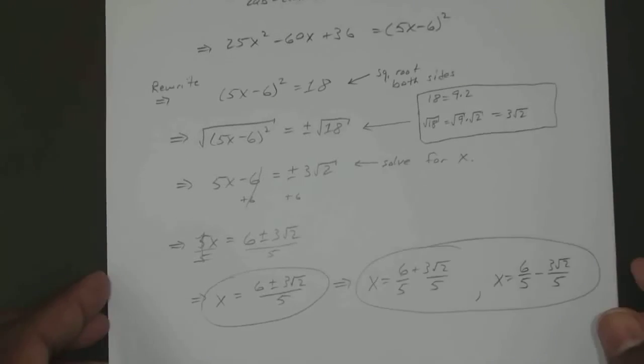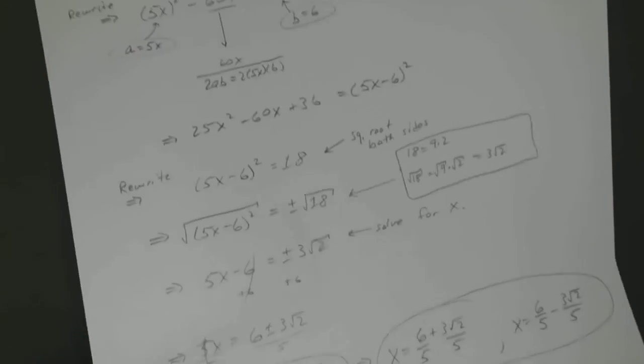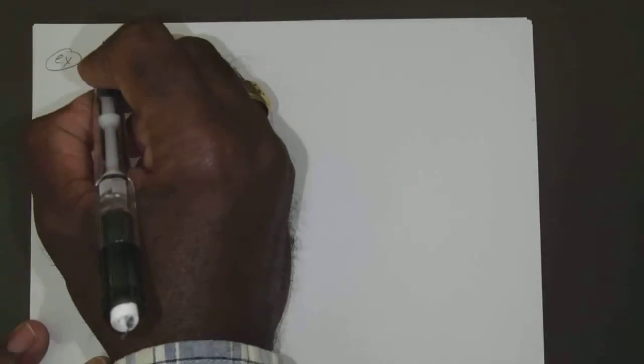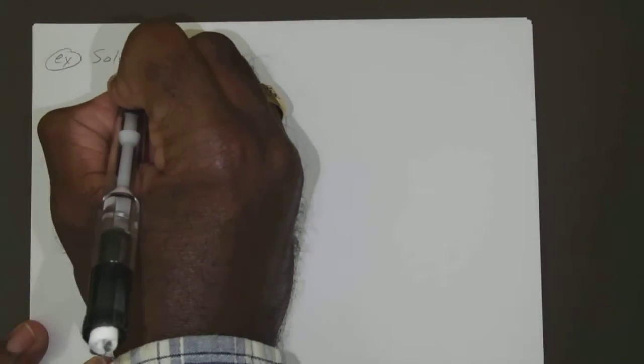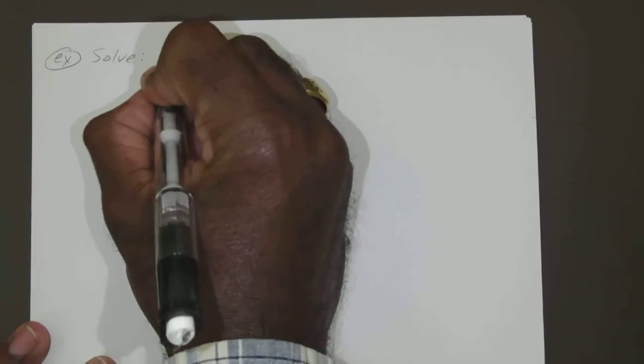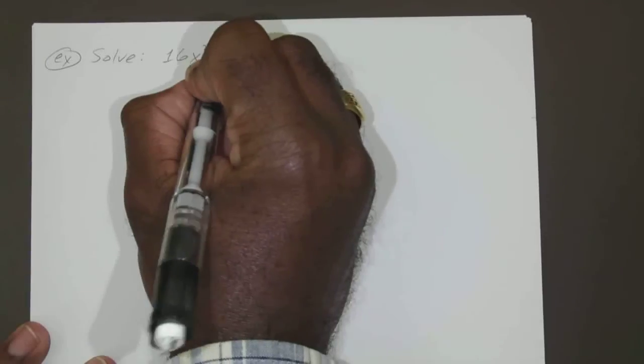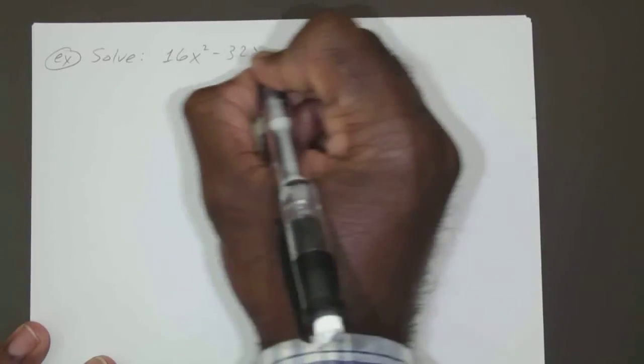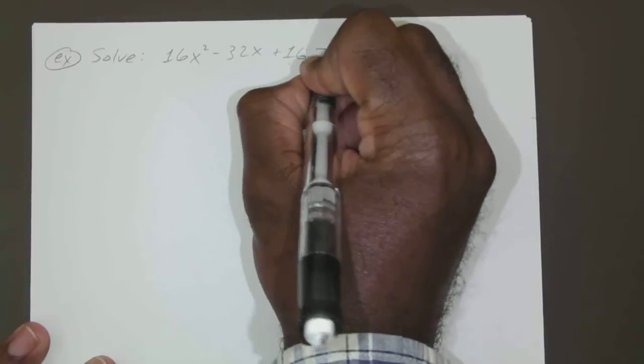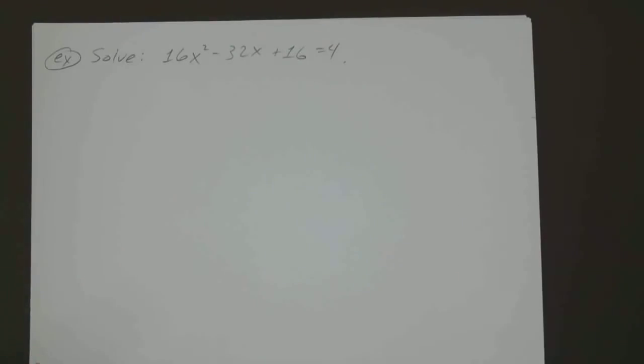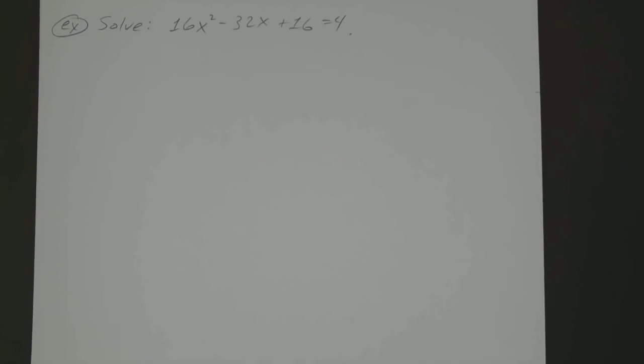And I'll give you one to start on. If we wanted to solve 16x squared minus 32x plus 16 equals 4 using the square root property.